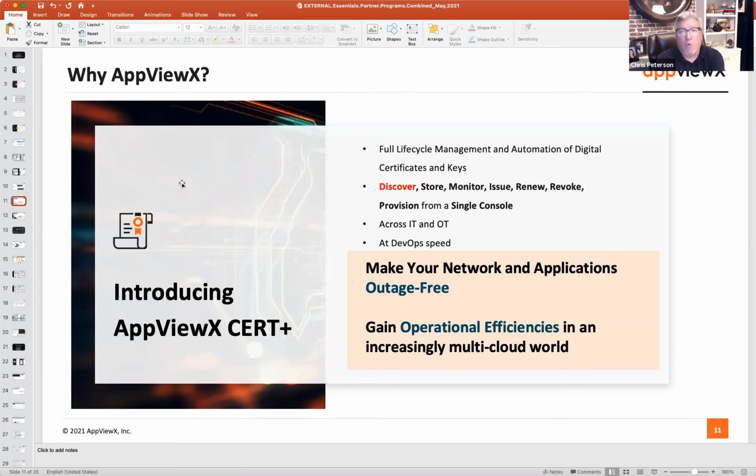So it is truly one pane of glass to manage all of this. We do it across IT and OT, and we do it at DevOps speed, making your customers' network and applications outage-free and gaining real operational efficiencies in their CERT lifecycle program.